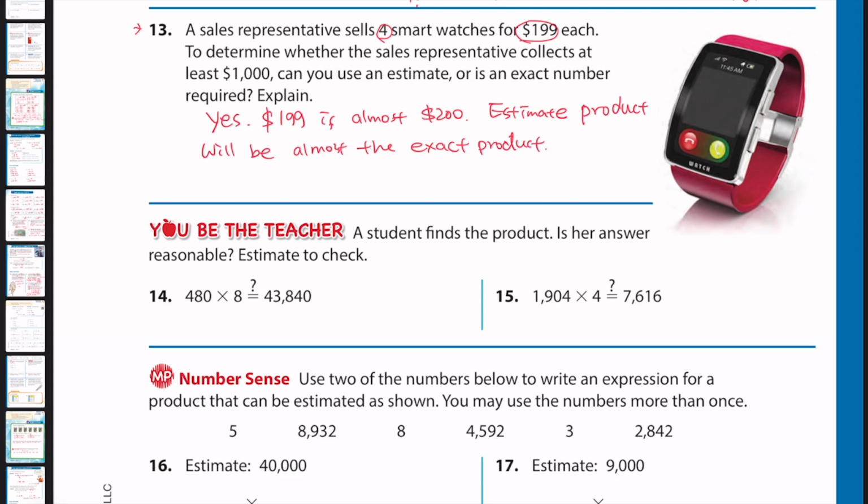Okay, so you don't have to use $199, right? So you can just round up to 200. It's only $1 difference.